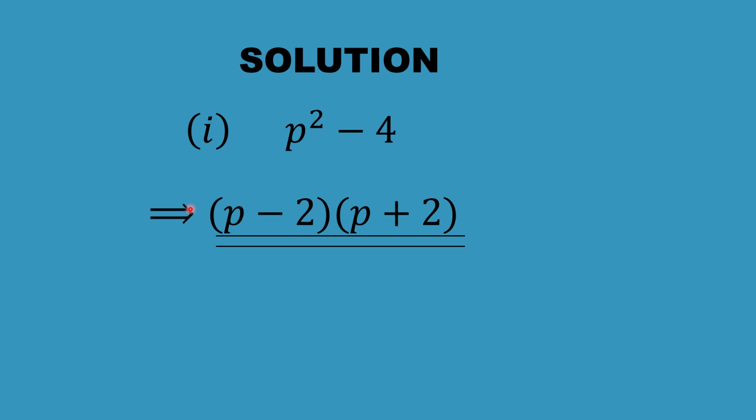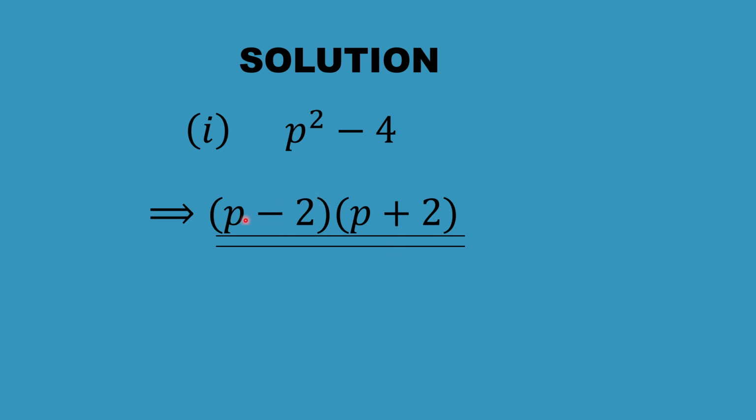The result is going to give you p minus 2, close brackets, open brackets, p plus 2. This variable here is positive, so it will be positive throughout in the answer brackets. The second term has a negative, so 4 is going to have a negative and a positive in the answer bracket.